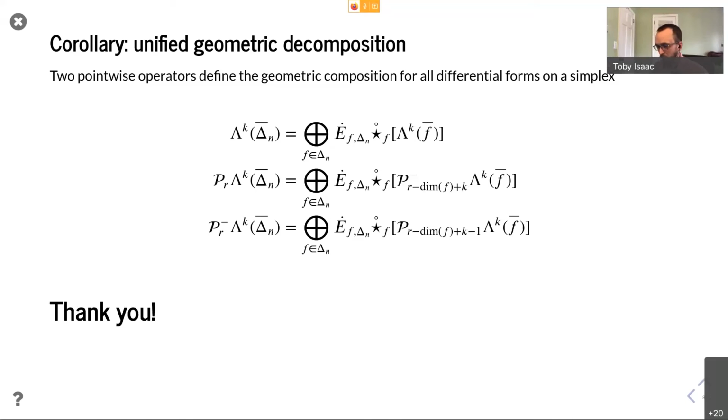That's one of the beauties of the exterior calculus approach. If you were trying to do space-time elements, people do Petrov-Galerkin space-time things for stability, you could use this there, for instance. Okay, thanks.